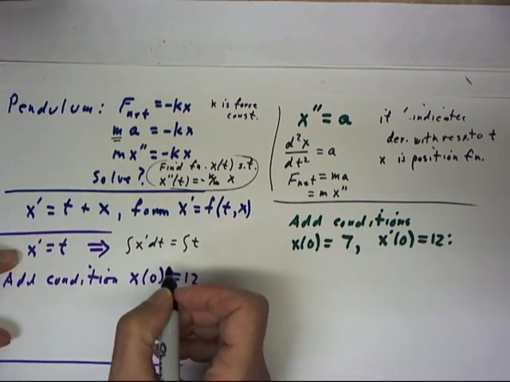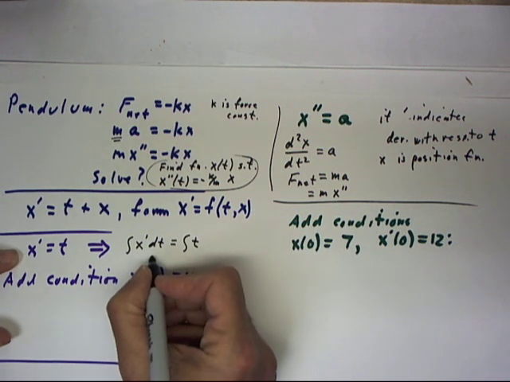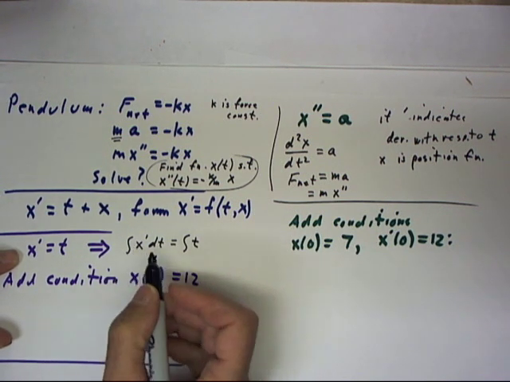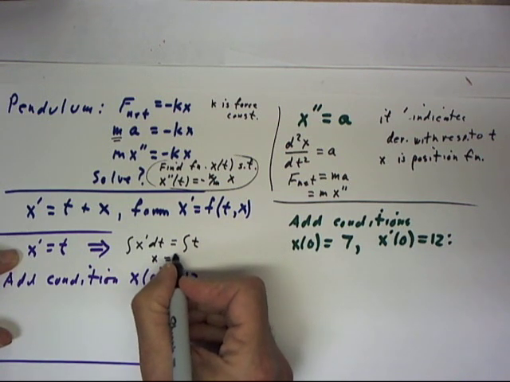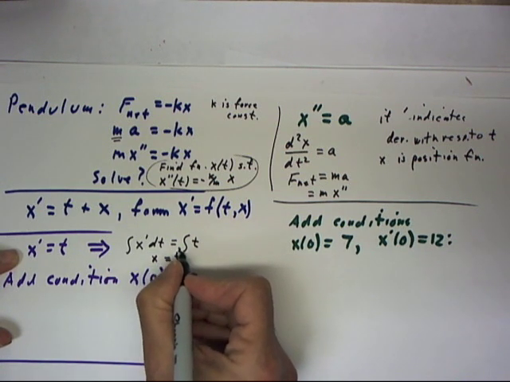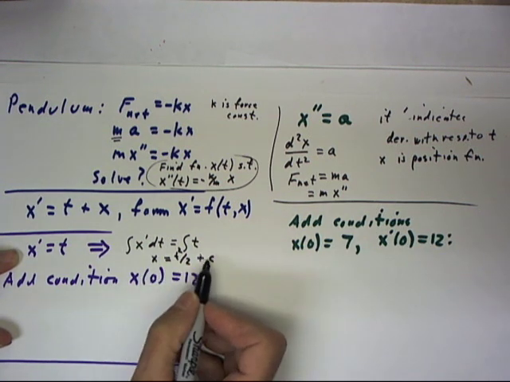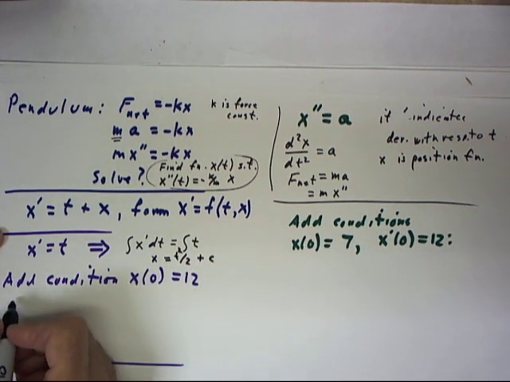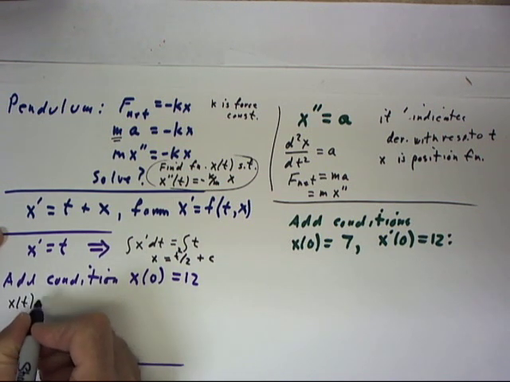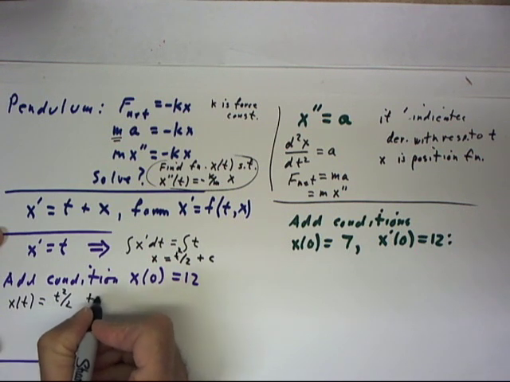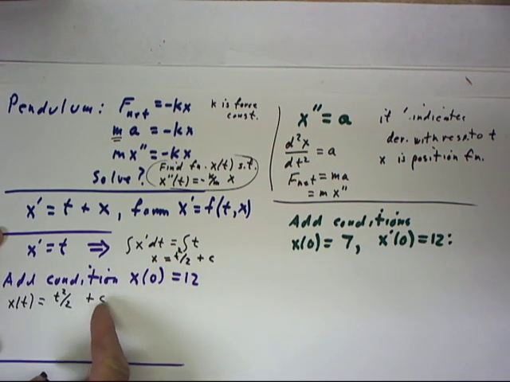Now, the integral of x prime of t is just our x function, x being an antiderivative of x prime, and an antiderivative of t is t squared over 2, and then we're going to put an integration constant on it, so that we get a solution to this equation, x of t equals t squared over 2 plus c, where c can be any constant.